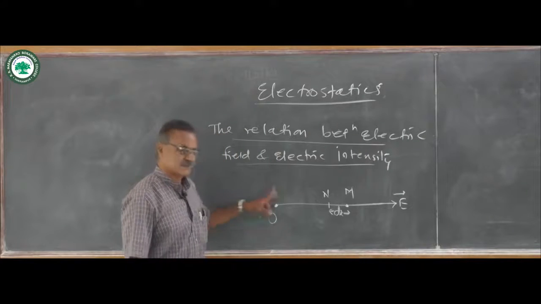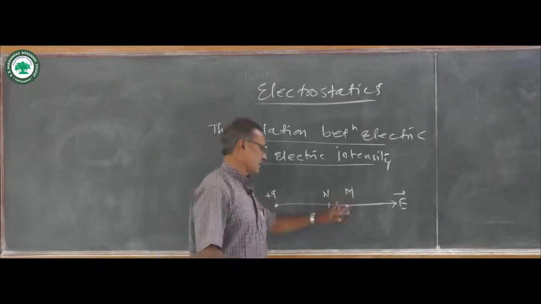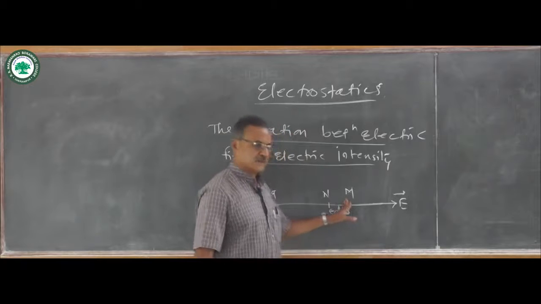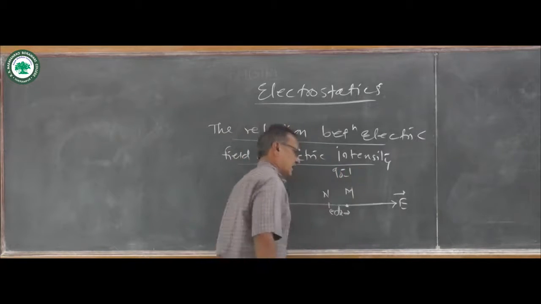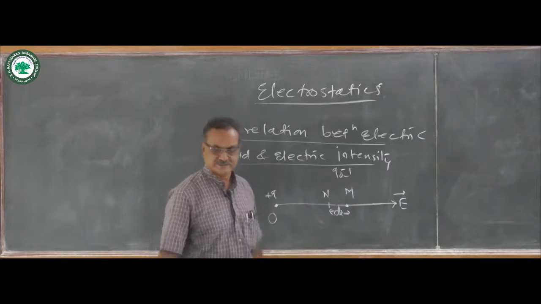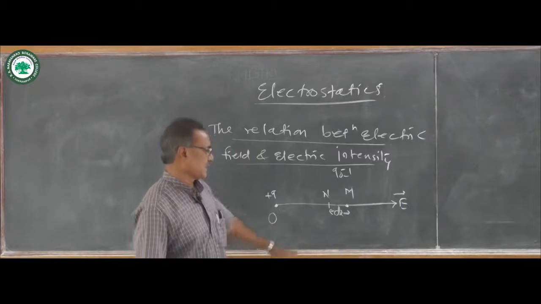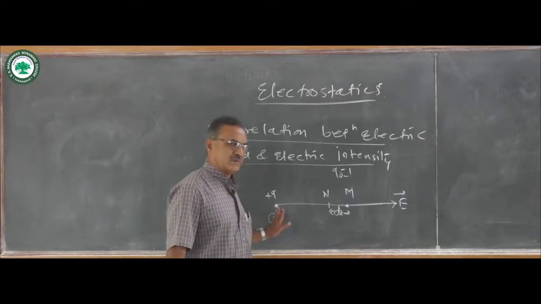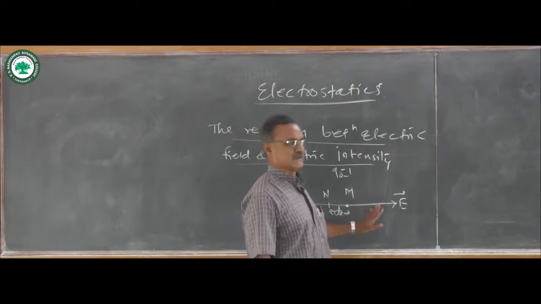Now, this charge situated at point O exerts a force on the charge which is kept at point M. Suppose the unit charge Q0 is kept at point M and is displaced through a distance dx against the direction of electric intensity.